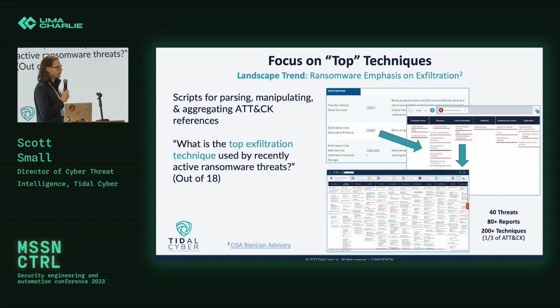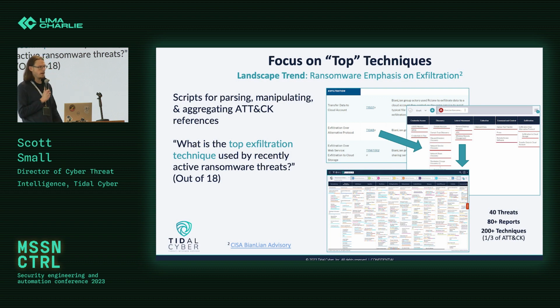But what you can start to do is layer and layer and layer on those matrix views, and that typically gives you this classic heat map view where you're seeing certain techniques that are associated with multiple of those groups. It becomes very visually apparent which techniques are being talked about most often. And this is the key piece of this workflow that can be valuable for detection engineering.